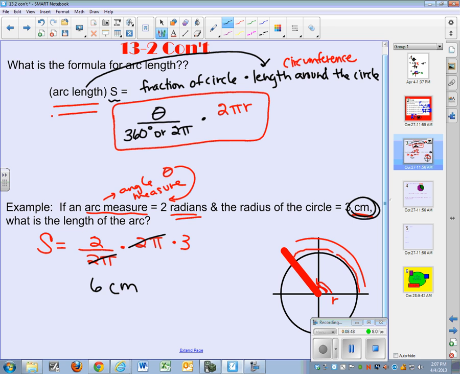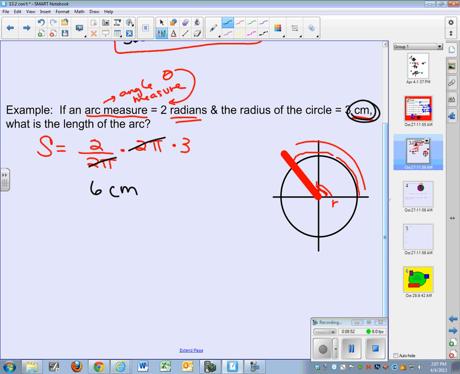Okay, so what was the question really asking? Let's look at this picture over here. We know that our arc measure is 2 radians. And what that means is I can fit 2 of the radii around in this arc.